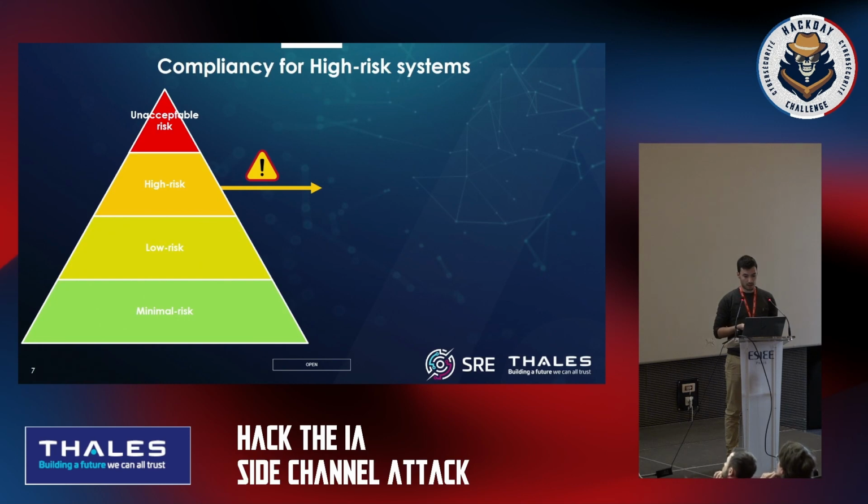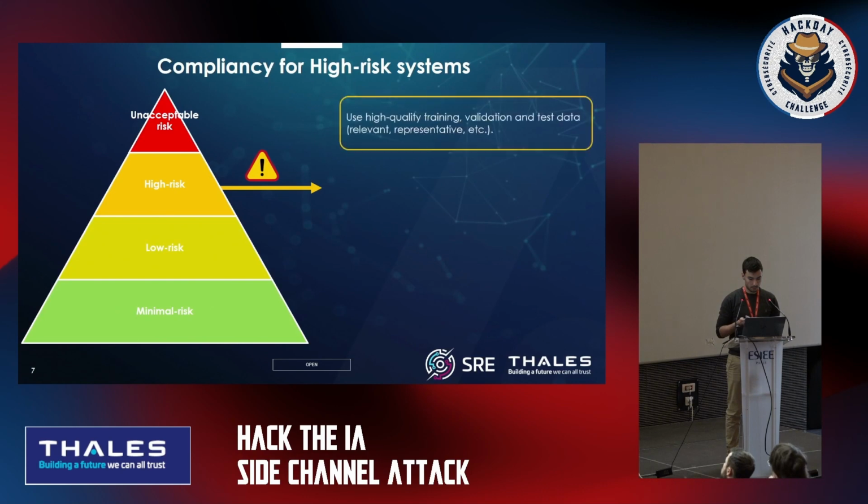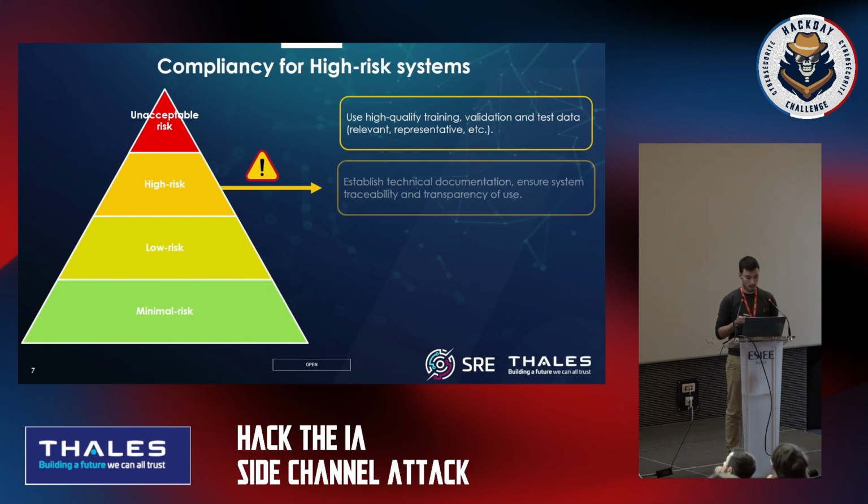But if we take a brief look at the high-risk system, what we can observe is that some requirements must be respected in order to be compliant with the European requirements. The first one is that the training dataset, the validation dataset, as well as the test dataset, must be of high quality in order to reduce as much as possible the bias induced in an artificial intelligence.